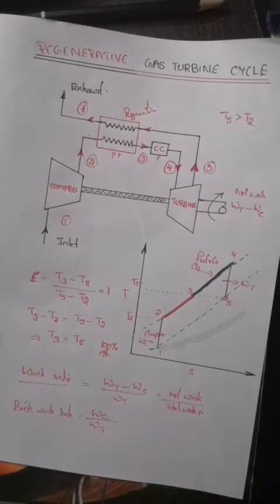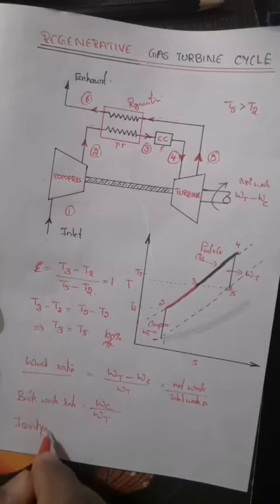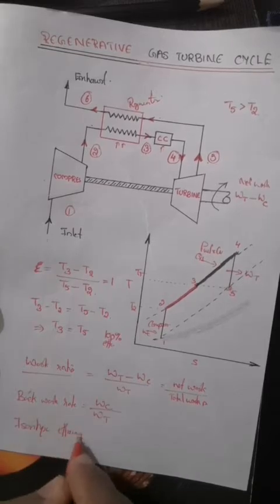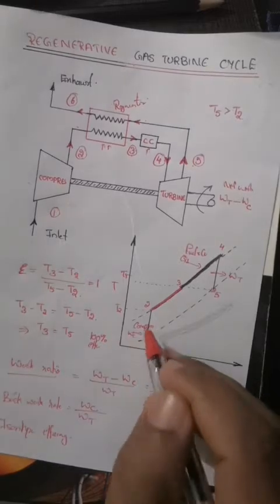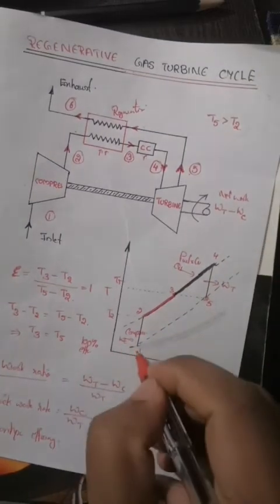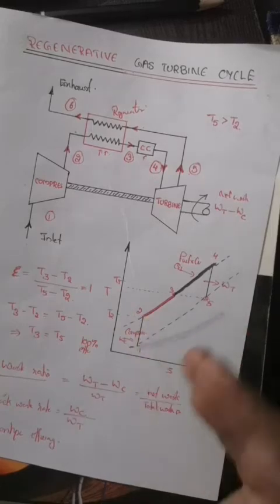Then usually in gas turbine problems we will define a term called the isentropic efficiency. Let me mark the actual processes for compression and expansion. 1 to 2 represents the isentropic compression process.